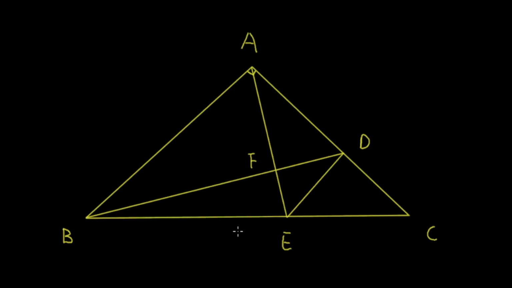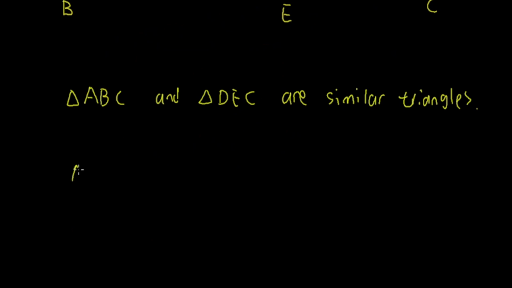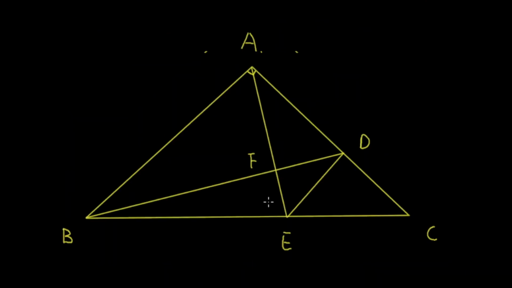What else do we know? We just said that side AB and side AC have equal lengths, right? So I can write this: AB equals AC. What does that mean to the angles? That means this angle here, ABC, is the same as angle ACB.